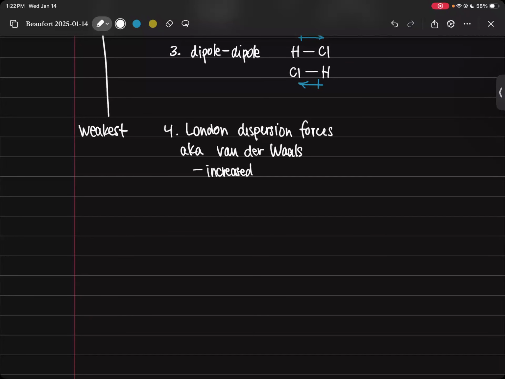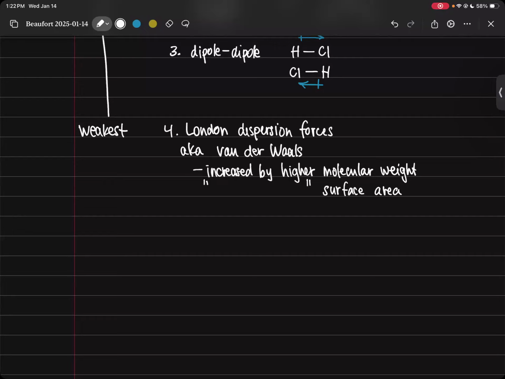These forces are stronger where you have molecules with higher molecular weight. Don't think that's a big surprise. Bigger, heavier molecule. And this one is also kind of hand wavy, but surface area.